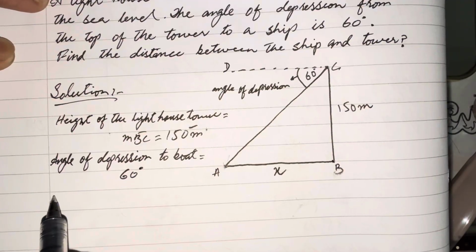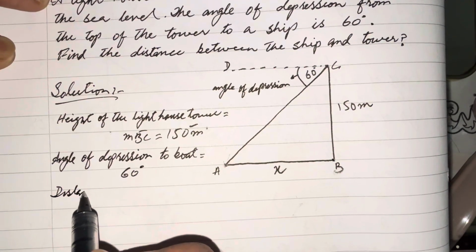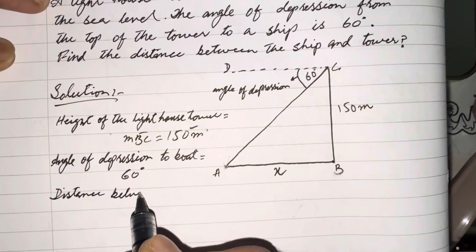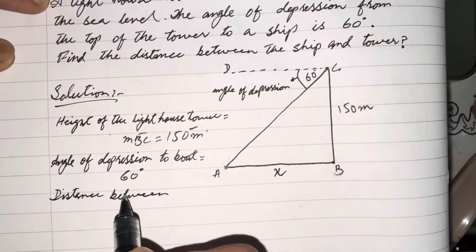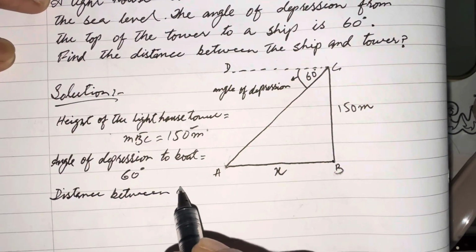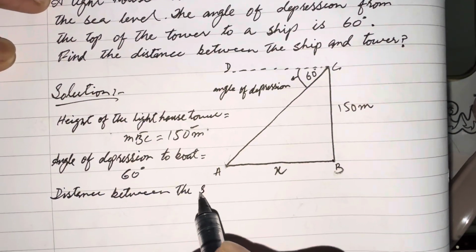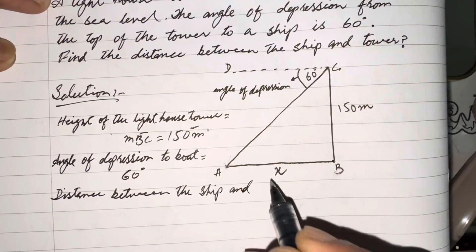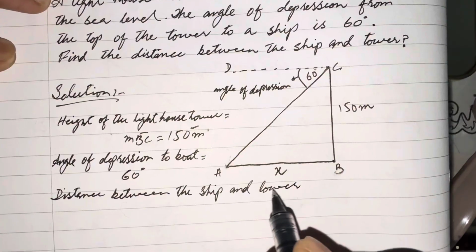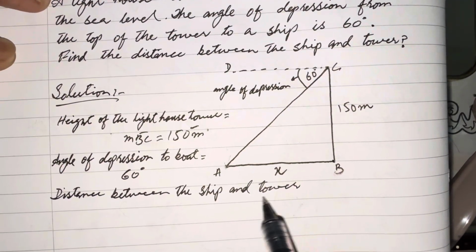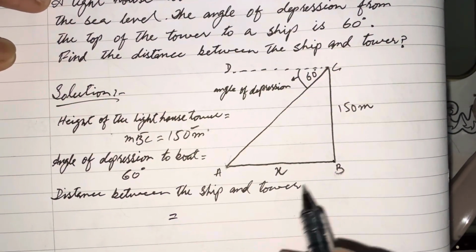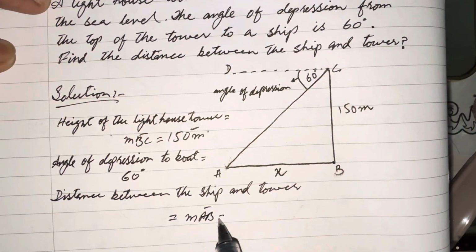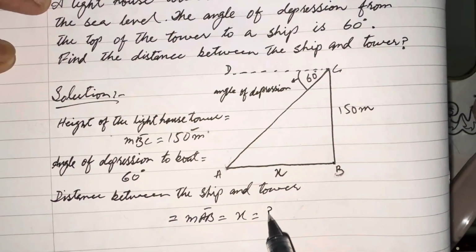So the distance between the ship and the tower, the measure of AB, is equal to x, and that we have to find.